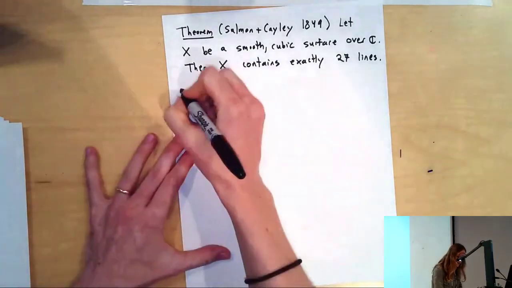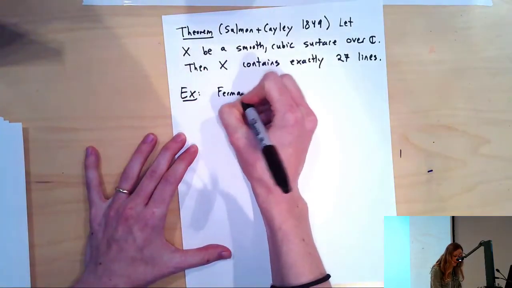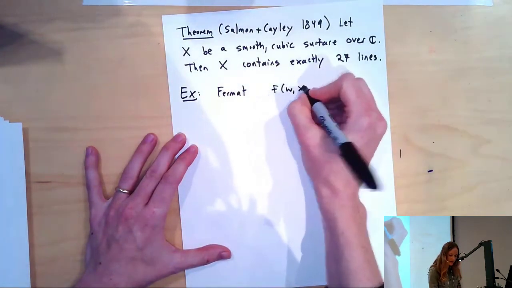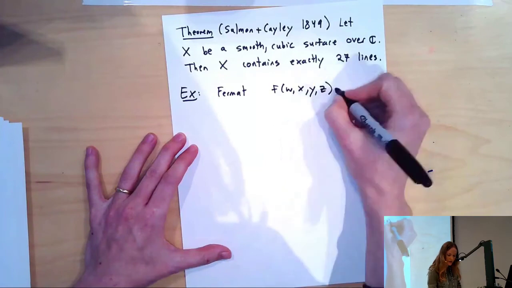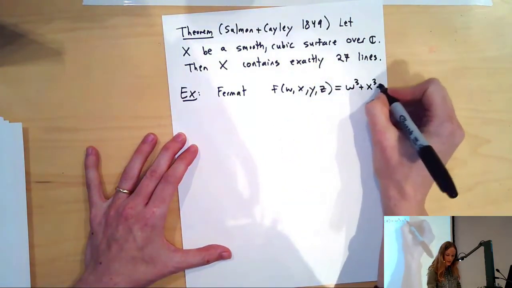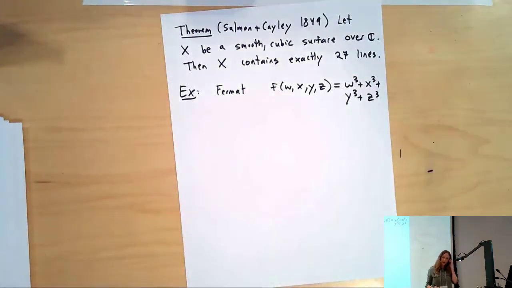Let's do an example. So the Fermat cubic surface is determined by the Fermat cubic, W cubed plus X cubed plus Y cubed plus Z cubed.